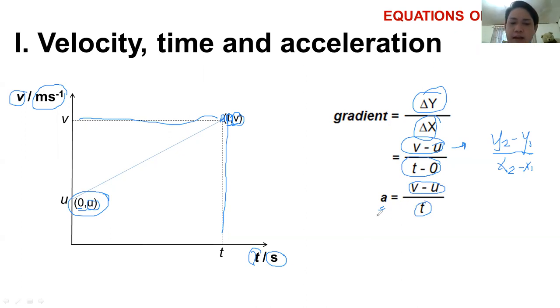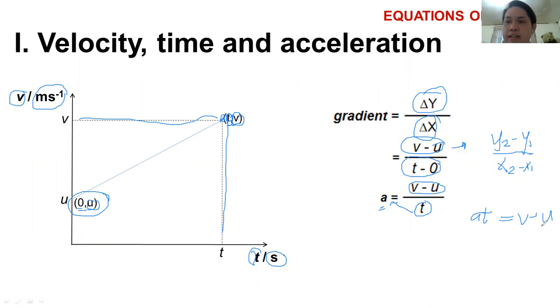So now we can derive equation 1 by simplifying. Okay, so we have a times t, cross multiply, a times t is equal to v minus u.